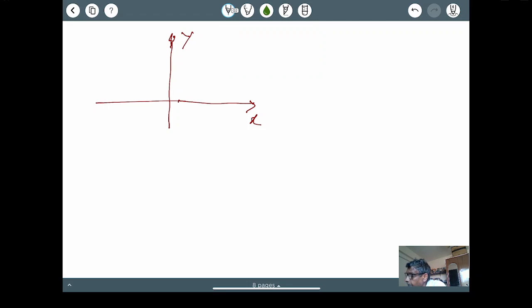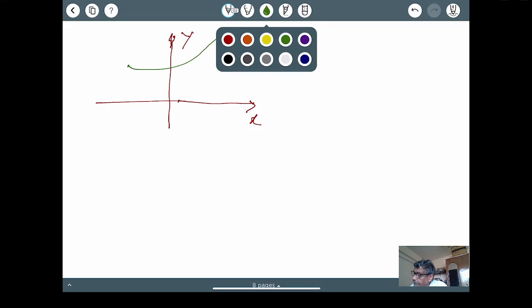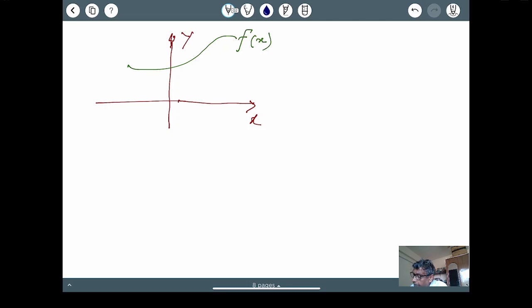One is something like this, this is your f(x), and another curve is suppose this one, g(x). These two could be any curves.